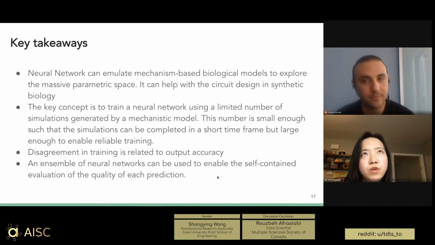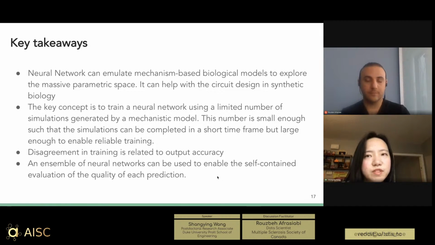It will not be that burdensome, but it also needs to be large enough to enable reliable training. So you need to pick the data very carefully, because if you want very, very big data sets and want to achieve the global minimum, then it defeats the meaning of using these methods.